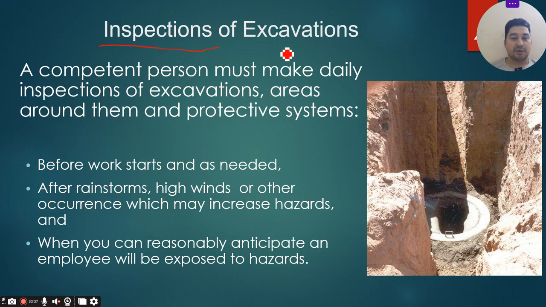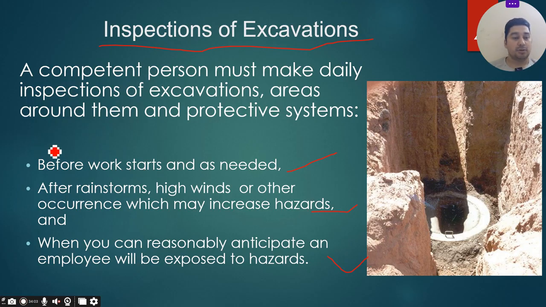Now, inspection of excavations needs to be done by the competent person. The competent person must make daily inspections of excavation areas and protective systems before work starts, as needed, and after rainstorms, high winds, or other occurrences which may increase the hazards, and whenever you can reasonably anticipate an employee will be exposed to hazards.